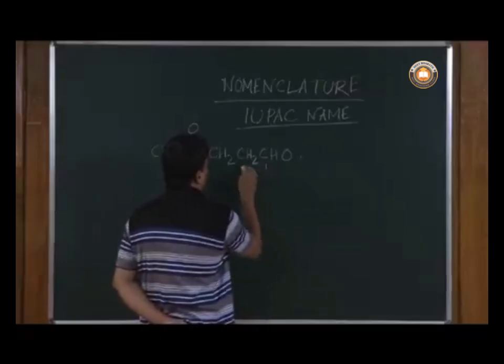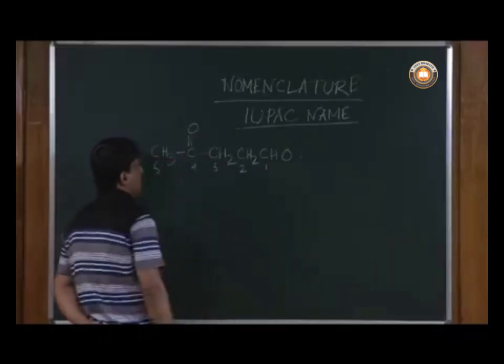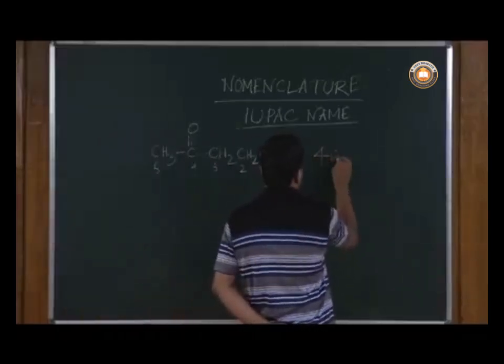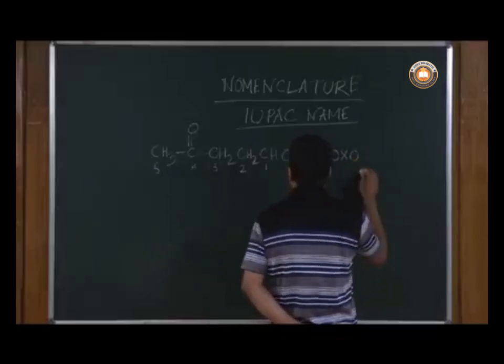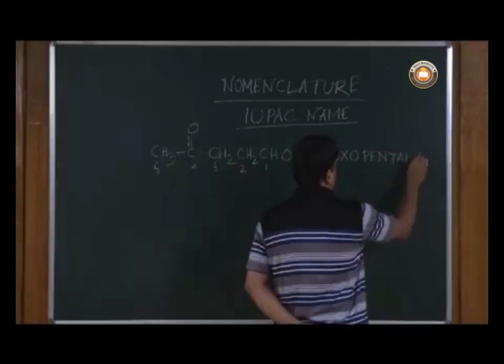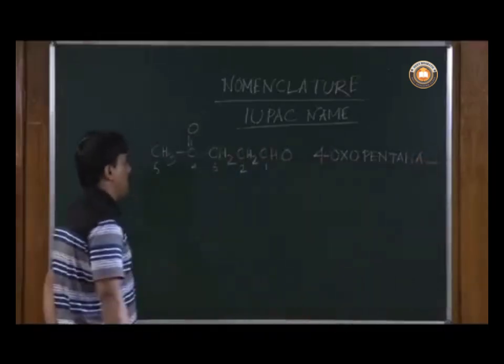So, here the numbering will be 1, 2, 3, 4, 5. So, what will be the IUPAC name of this? It will be 4 oxo. This is a 5 carbon chain, so it will be pentanal. 4 oxopentanal.